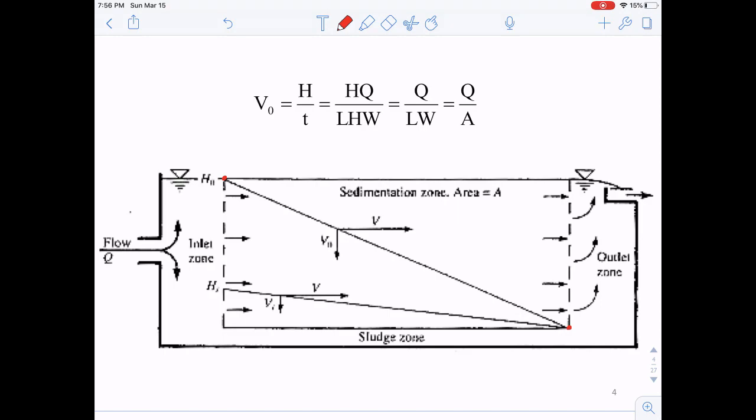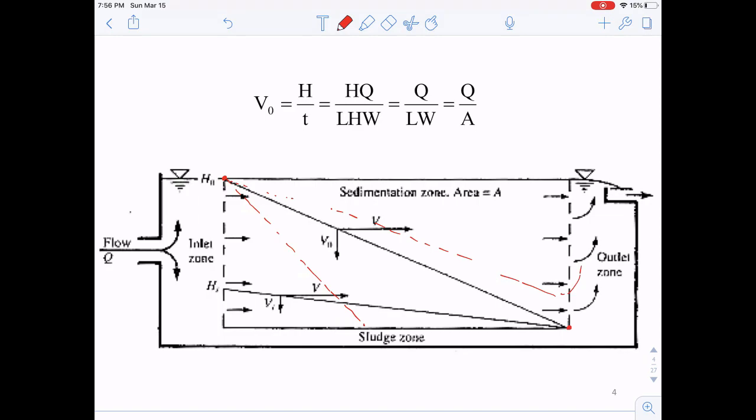If the particles have a smaller settling velocity, then they will go through this trajectory, and what that means is that the particles will escape from this sedimentation basin. Well, if the particles have larger settling velocity, then they can go through this trajectory and get collected, all right? So how do we calculate this critical velocity then?